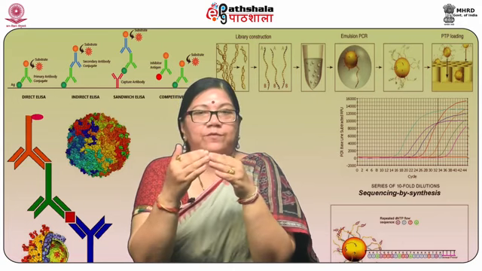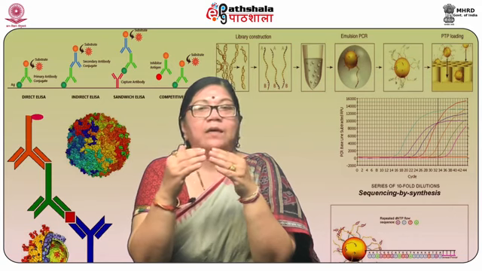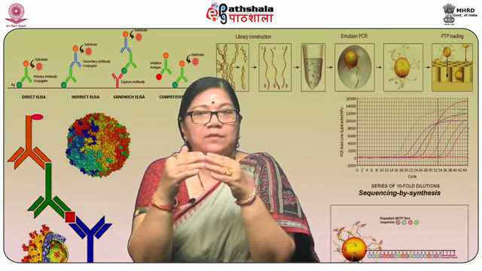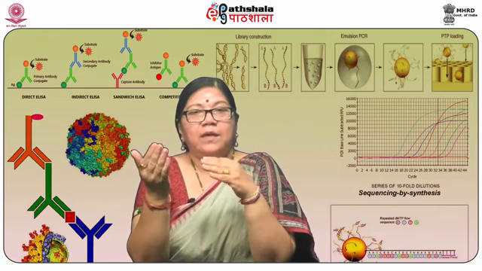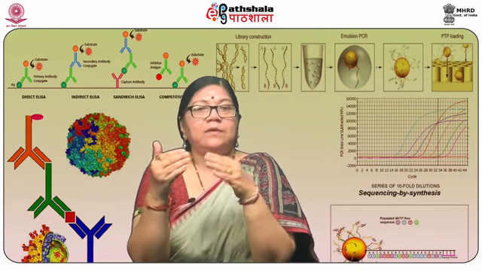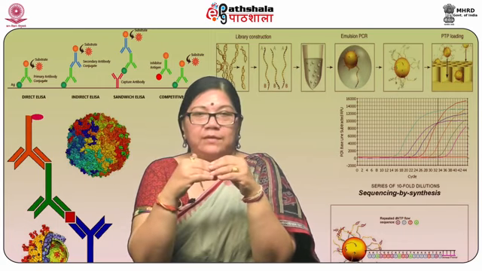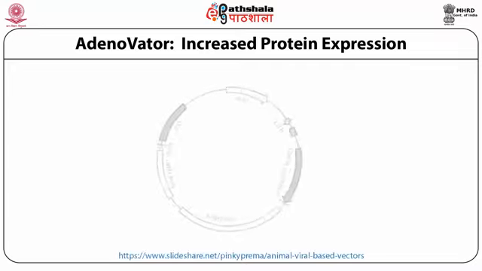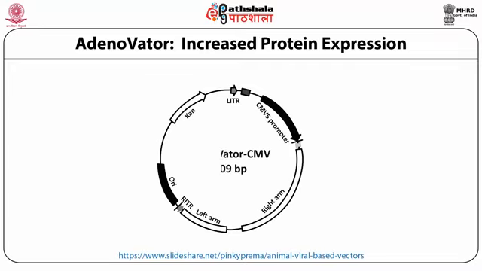The main feature of the new vector is the CMV5 promoter, a combination of enhancer sequences that increase the transcriptional and translational activities of the CMV promoter in recombinant adenovirus vectors. So this is the adenovector with increased protein expression.